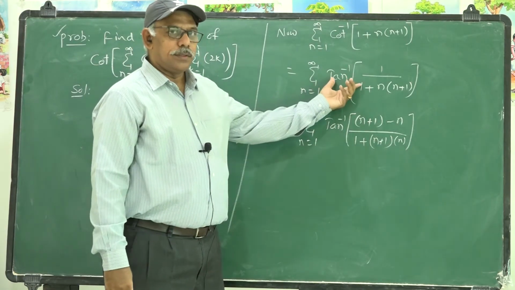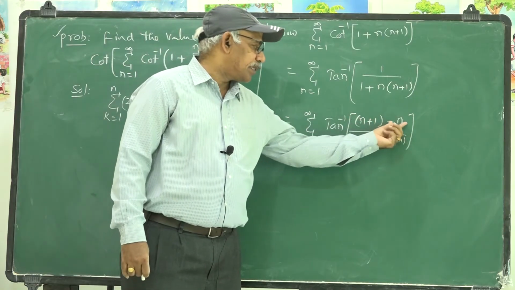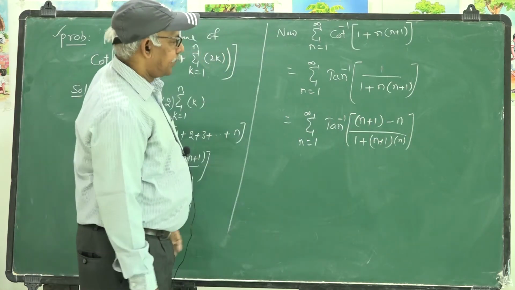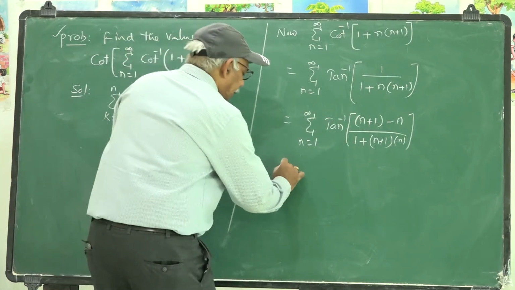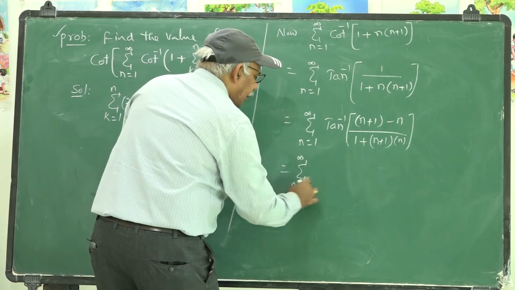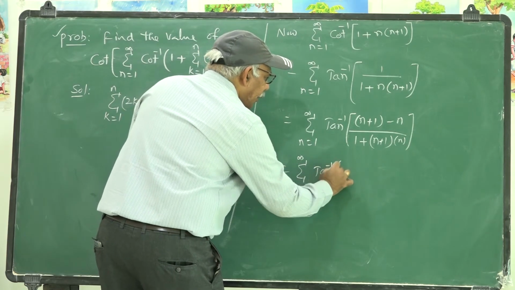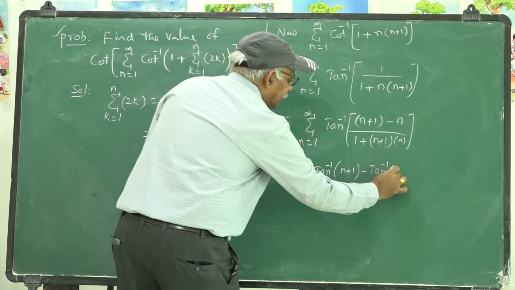Clearly this tan inverse is reduced to the form tan inverse of a minus b by 1 plus ab. Tan inverse of a minus b by 1 plus ab is tan inverse of n plus 1 minus tan inverse n.